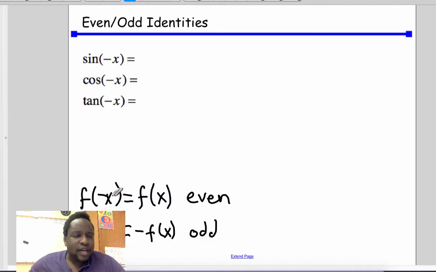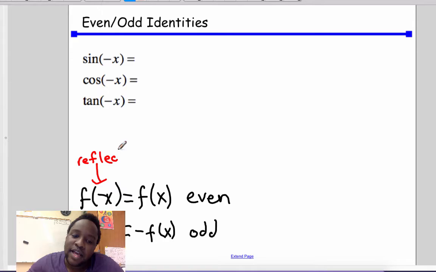The transformation of f of negative x, what does that look like graphically? F of negative x, when we negate the x, we are reflecting over the y-axis. So to think of this graphically, we're going to have to reflect over the y-axis.